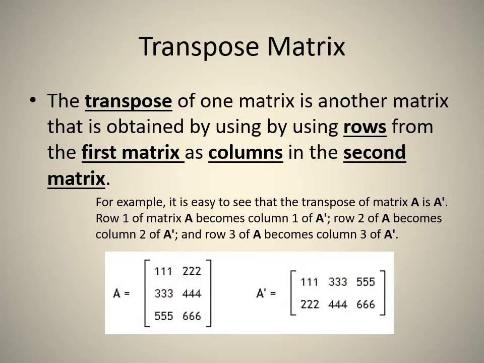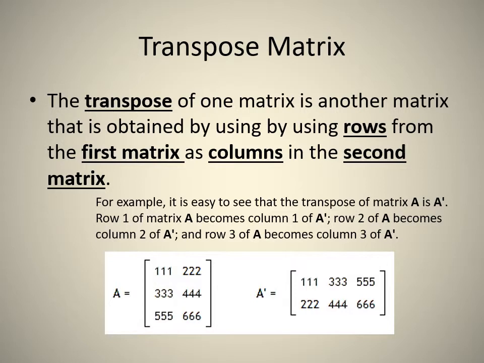I'm also certain that you've noticed that we use capital letters if we describe matrices. Good. So here you have matrix A, 3 rows, 2 columns. It's a 3 by 2, so the transpose would be a 2 by 3.